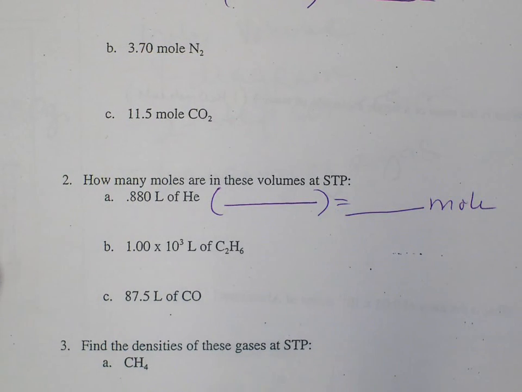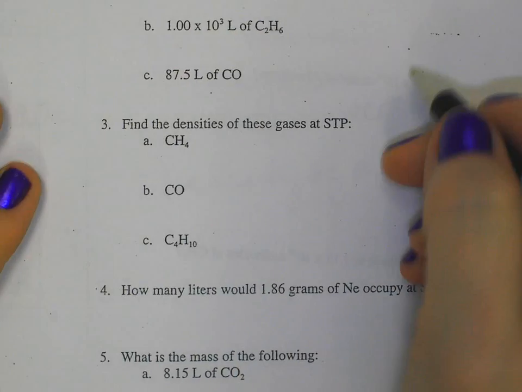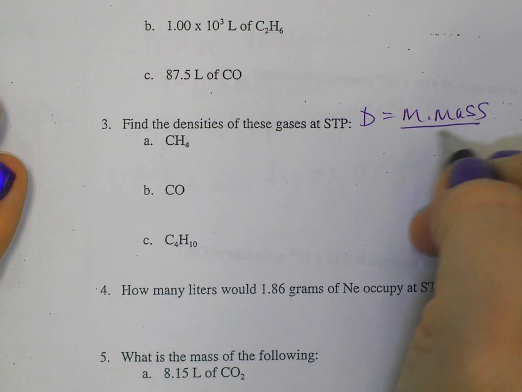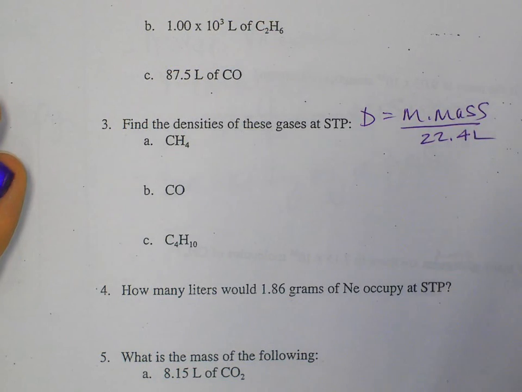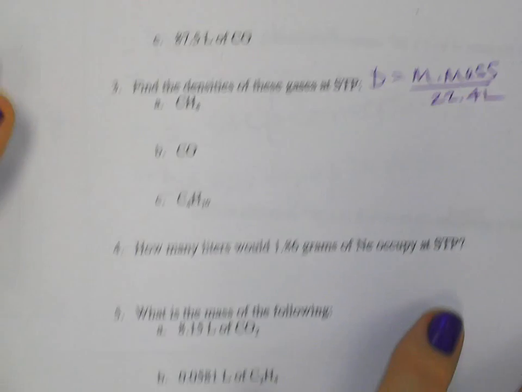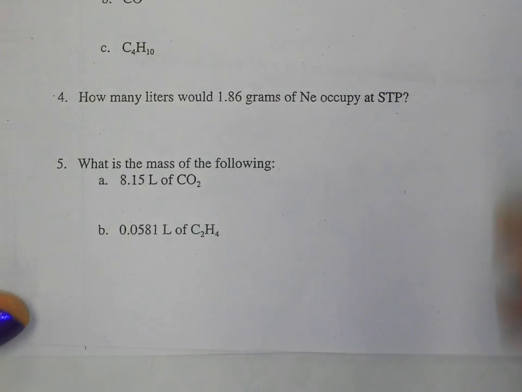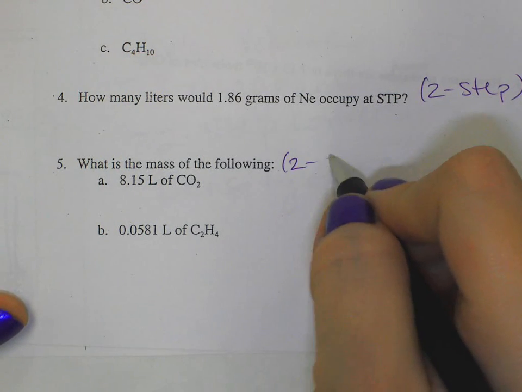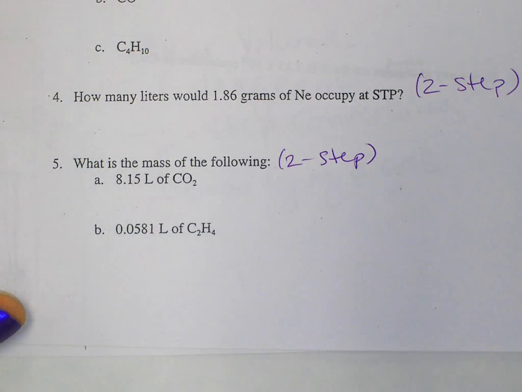For number 3, you are finding the density. For 4 and 5, these are going to be two-step conversions of some kind. I can tell because it's asking for the mass of a volume. That's going to take me a couple steps.